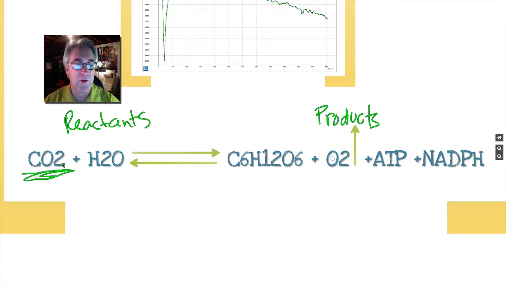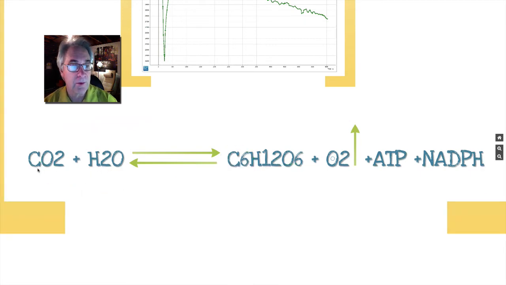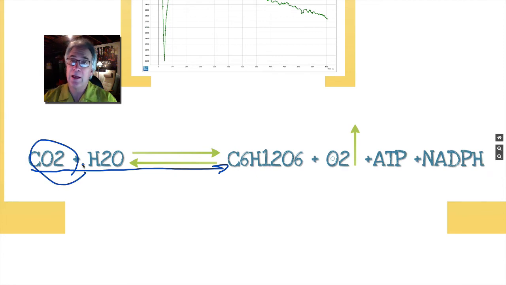Most of you predicted the fact that as CO2 goes through this reaction, it needs this carbon from CO2, and that CO2 is used up in production of this glucose right here. So the C6 came from, of course, the carbon dioxide. So as the equation is running in this direction, CO2 that was trapped in the container, in the beaker with the stopper on it, was being used up.